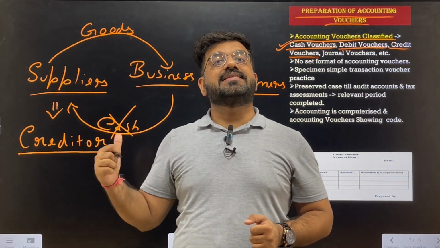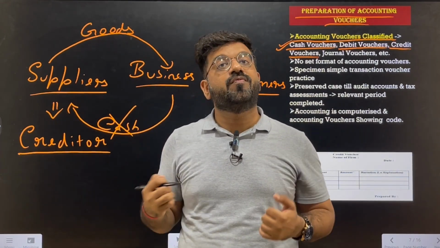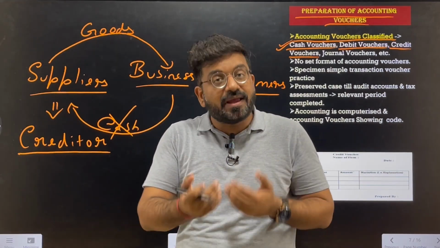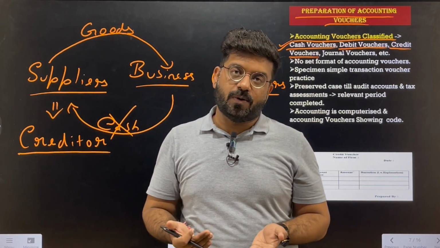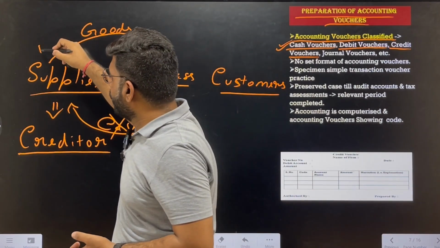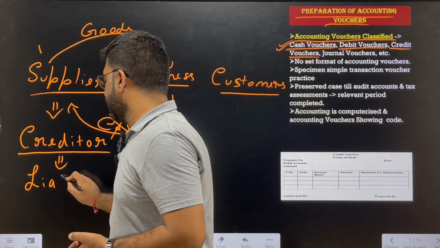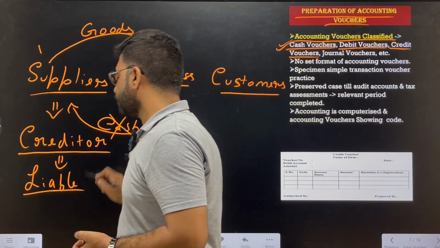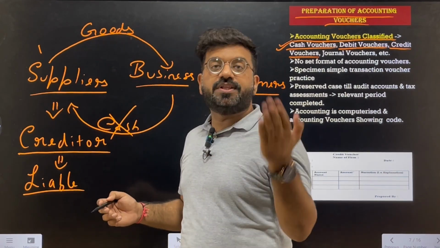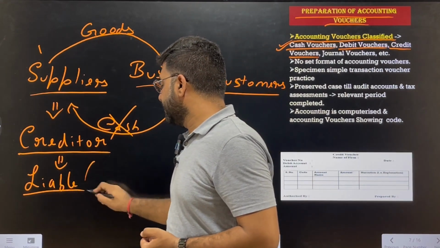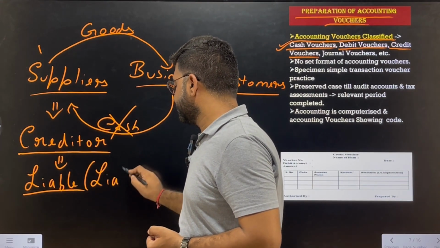Because he is our liability from whom we have purchased the goods, and we as a business are liable to pay him the amount. So the supplier will become our liability. That is, we will have to pay him the amount for which we bought the goods. So we are liable to pay him as he is our liability. Is that clear?